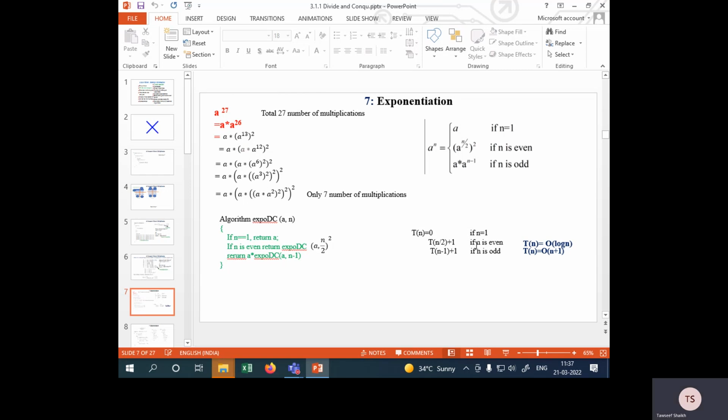If n is even, then t of n by 2 plus 1, and this is a dividing function, t of n by 2, and its complexity is log of n, which we have already found. And if n is odd, then t of n minus 1, which is equal to order of n. Means in one case it becomes a dividing function case, in another it becomes a decreasing one. So very simple, nothing critical here, right.